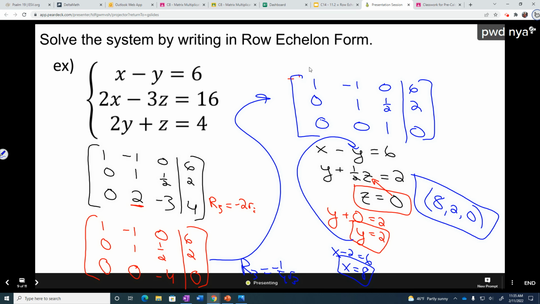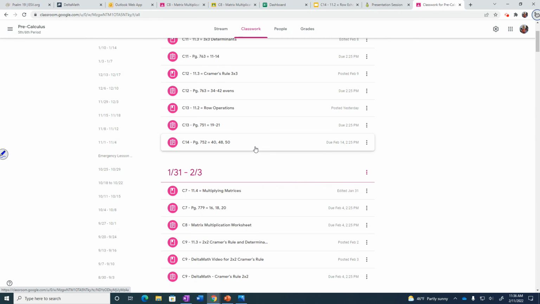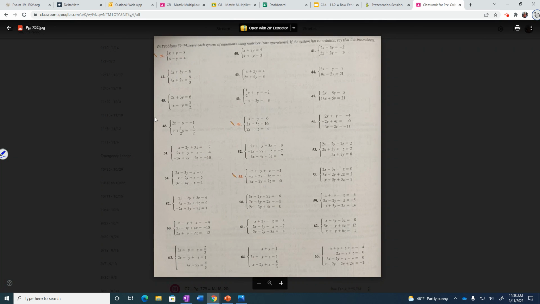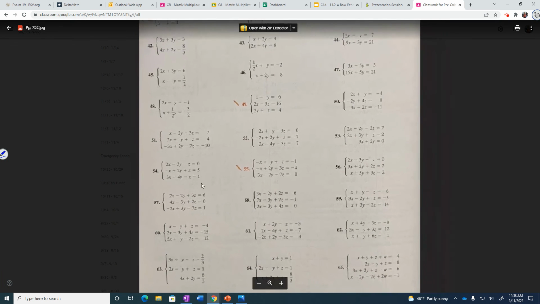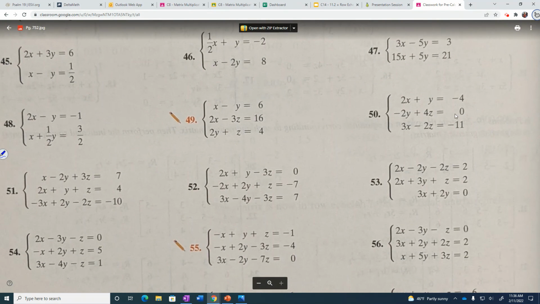If you get bogged down on this, if you get too confused, it's okay, but give it a shot, and tomorrow or Monday we'll work on some more. The problems that I want you to try, I just put them on Classroom there. The first two are 2 by 2s, 40 and 48, and then 50 is a 3 variable system.